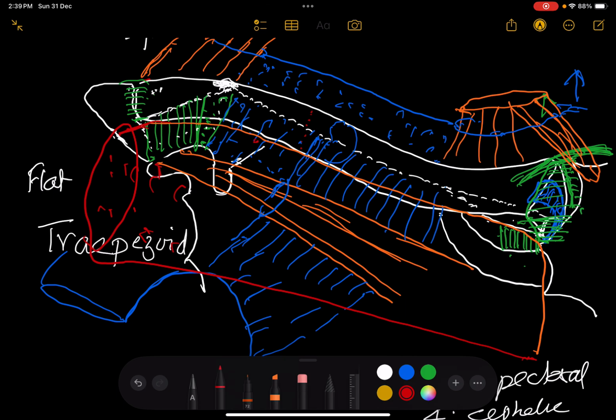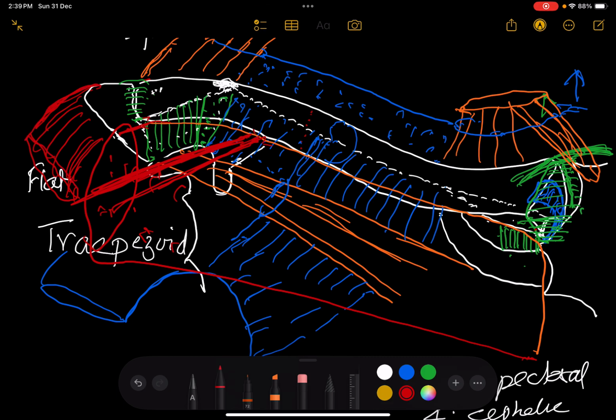So the pectoralis major is from the medial two-thirds, and from the lateral one-third, and from the acromion and from the spine of the scapula behind this is a huge muscle which is called the deltoid.